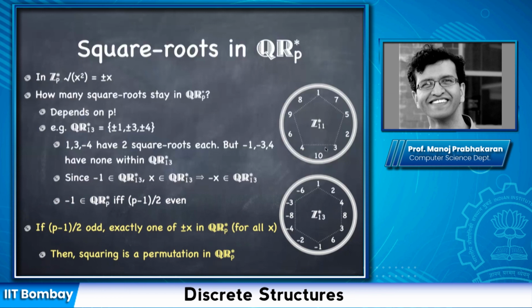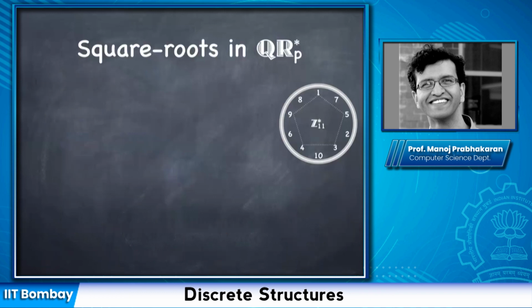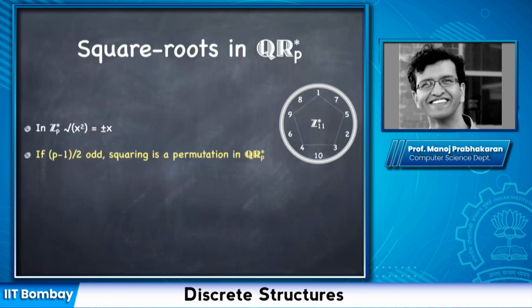So you'll see that when you take squares, you stay within this set of 1, 5, 3, 4, and 9. All right, so to conclude, in ZP star, if P minus 1 over 2 is odd, then squaring is a permutation.